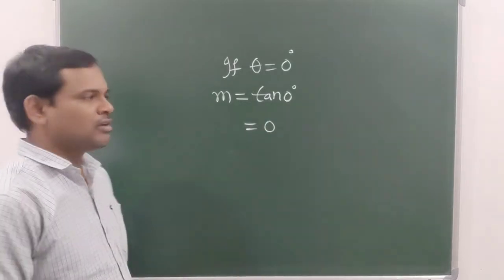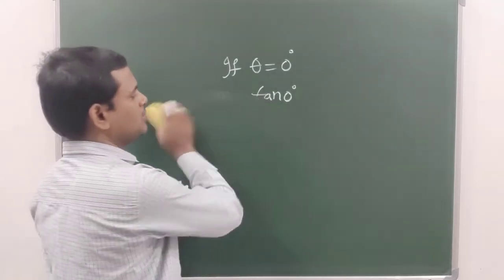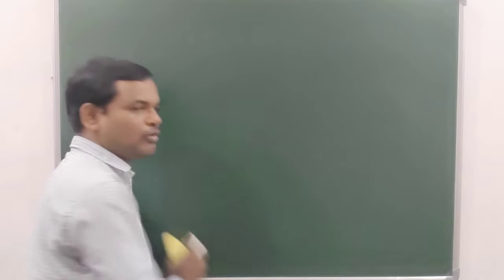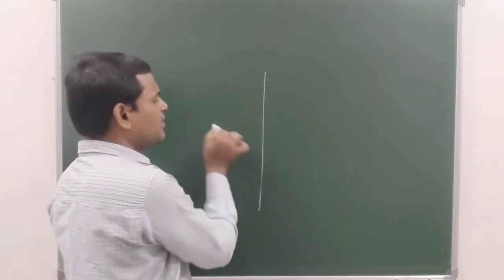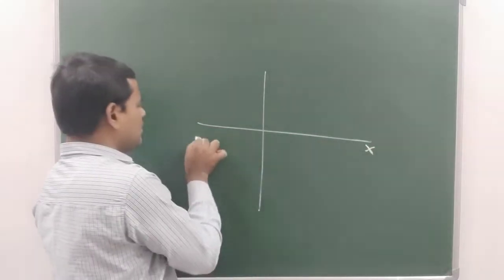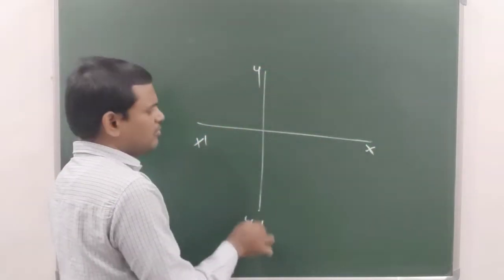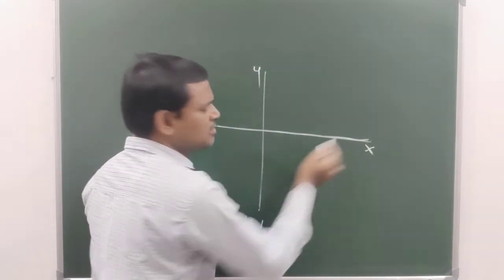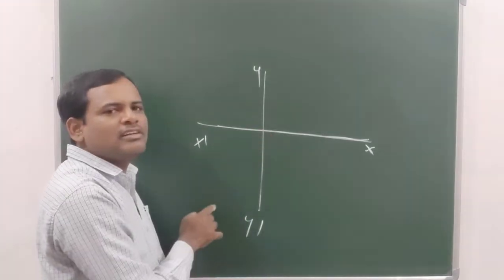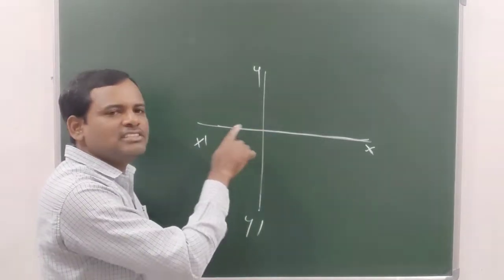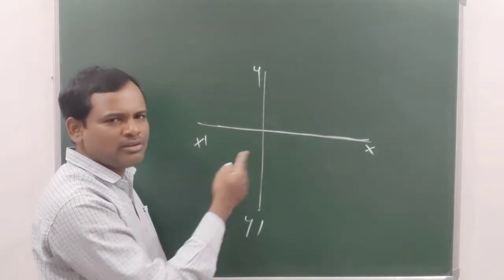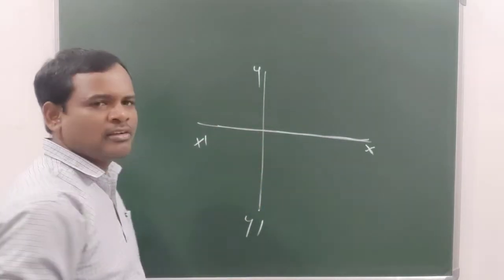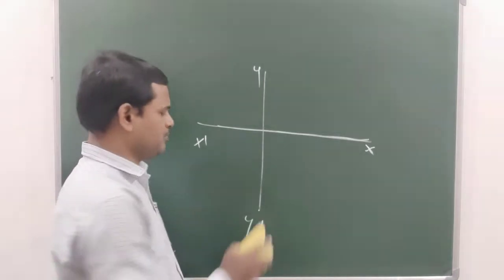Observe these points. When do we get the inclination as 0? Whenever the line coincides with the x-axis, no inclination forms between the x-axis and that line. Hence, theta becomes 0, and if theta is 0, the slope of that line becomes 0.